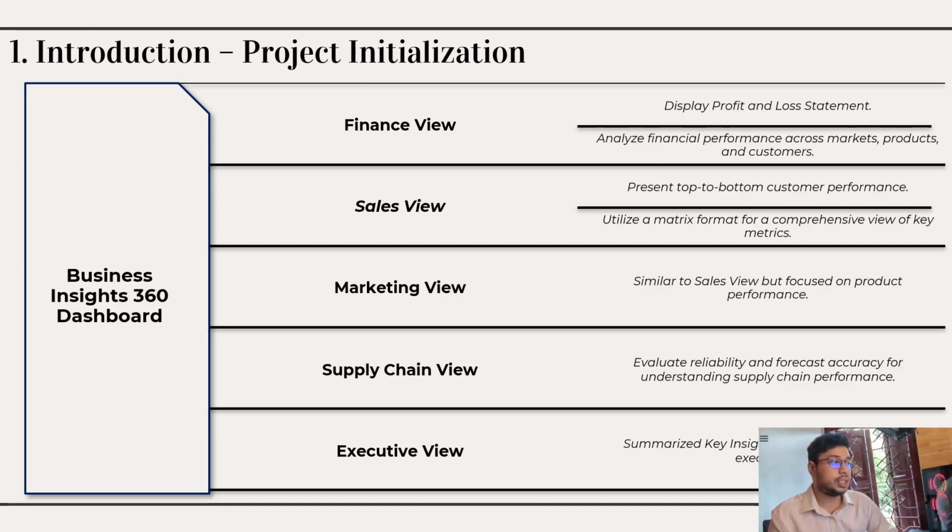And the marketing view is similar to the sales view, but it will be more product focused rather than customer focused. And in the supply chain view, the supply chain executive will be able to make forecast decisions. In the supply chain view there will be customer information and also product information. The supply chain executive can compare a customer's products.